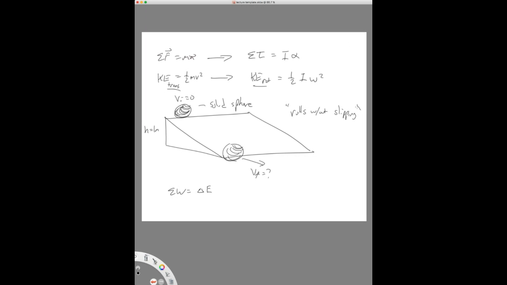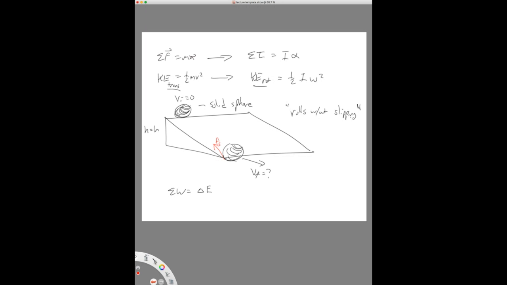Okay, so what does that mean? Technically, it means that there is friction. As this thing rolls down, there's going to be some friction, and that's why it rolls instead of slides. Or maybe kind of point this back up the ramp.